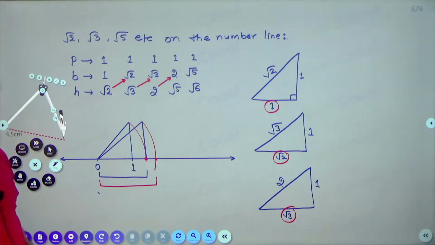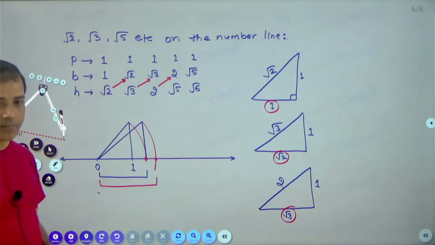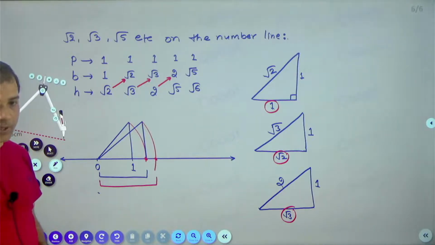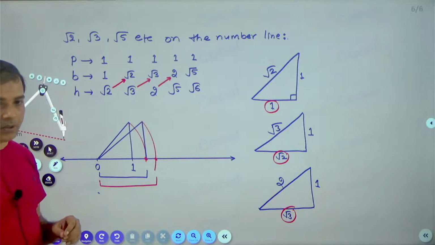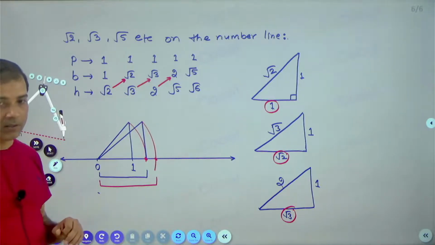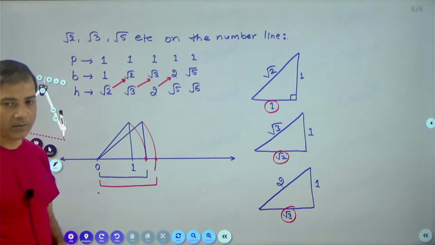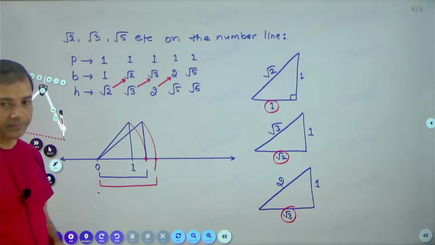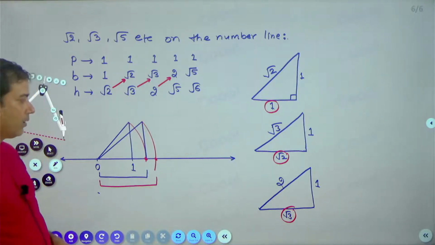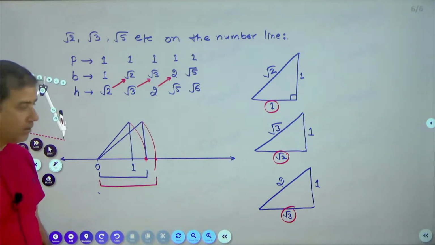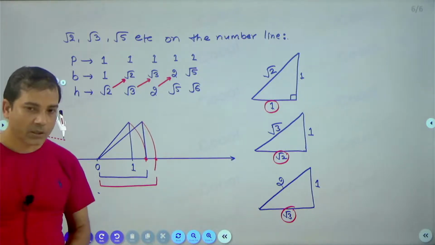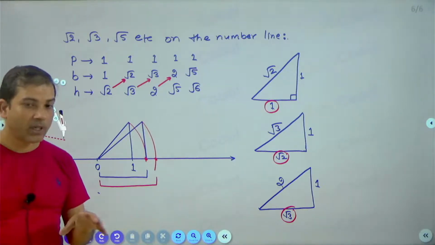Yes. So can we draw root 3 on top of root 2? Like you have drawn root 3 on the left side, can we draw it on the right side? Like on top of root 2. Top of root 2, I'm not getting your point.